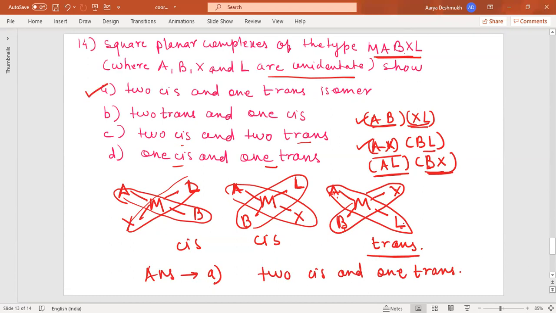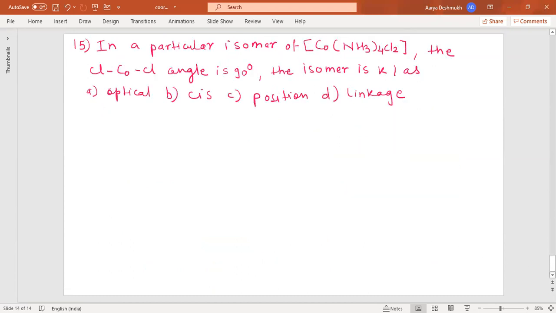Now the next one, the last one. In a particular isomer of this complex, the Cl-Co-Cl angle is 90 degrees. The isomer is known as optical, cis, position or linkage. Now remember, this is the Ma2B2 type of complex. So just try to draw the structure. These two are not in one plane. This is exactly on the upper side and this is on the lower side of the plane.